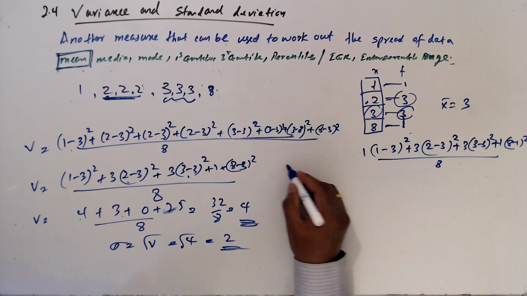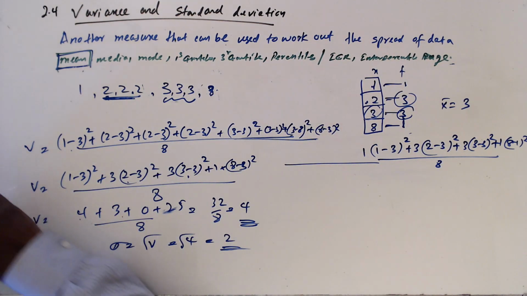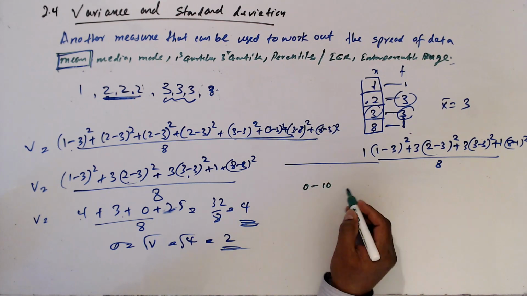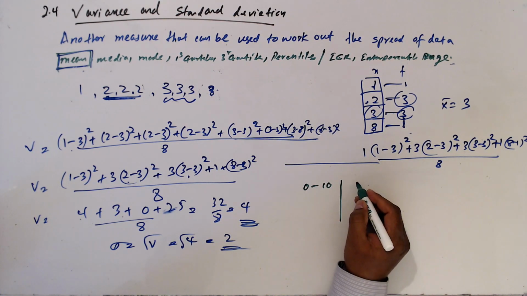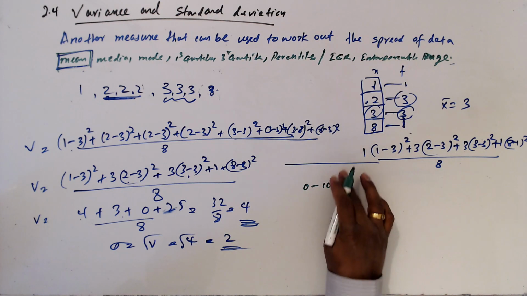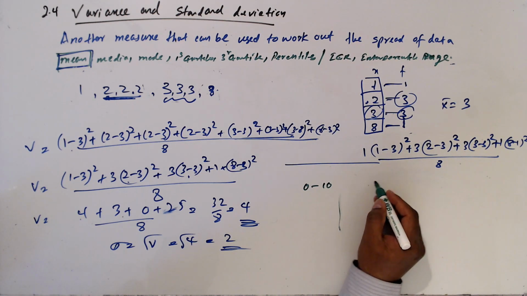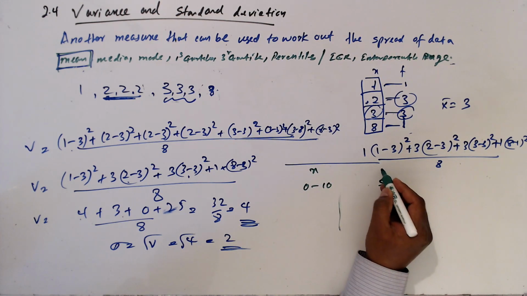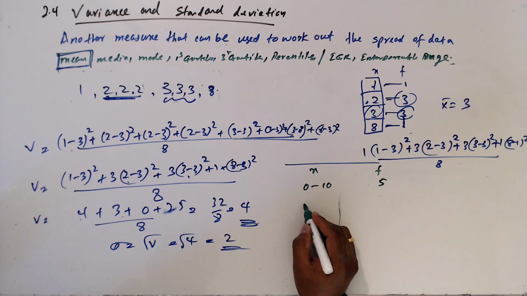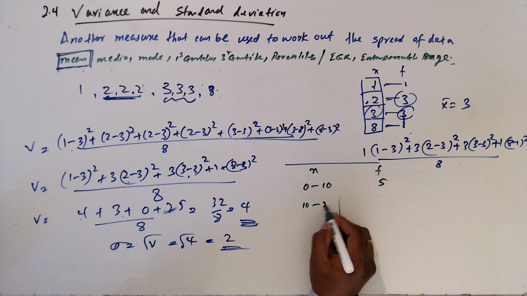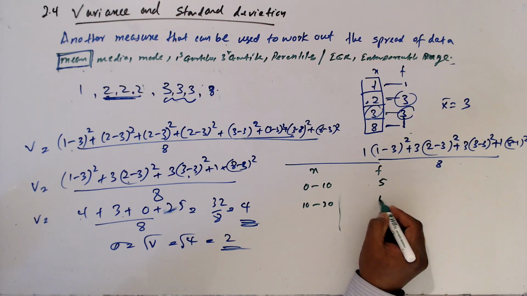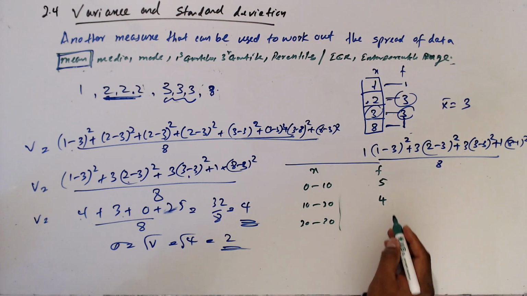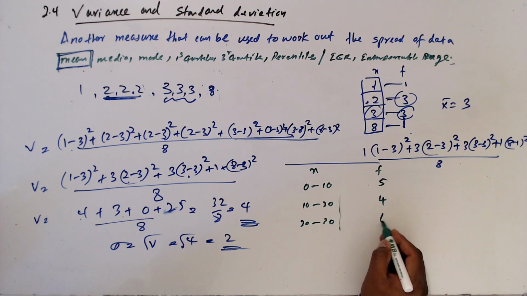What will happen if we have a class interval? Assume that 0 to 10 has frequency 5. So this is x and this is f. Then 10 to 20 there are 4, and 20 to 30 there are 6.